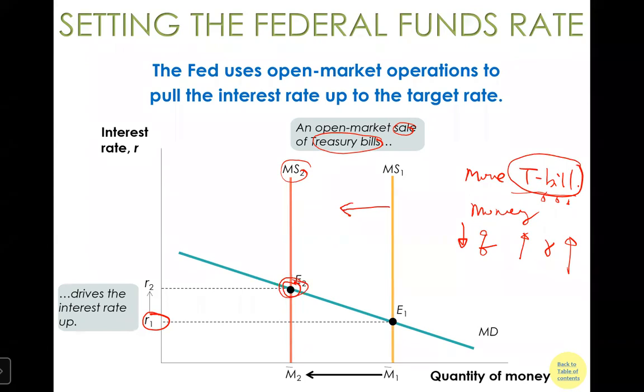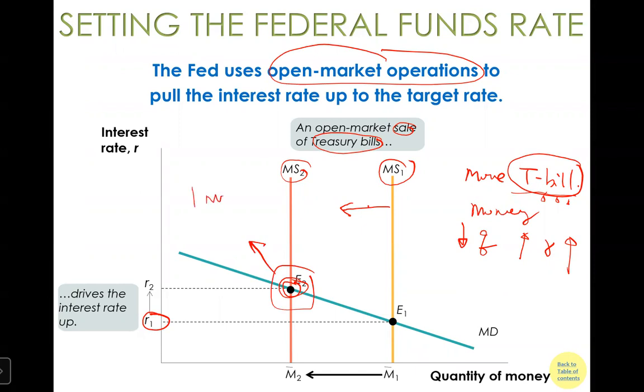Anyway, to summarize, the Fed can affect the money supply through open market operations. The open market operation changes the money supply and affects the interest rate. This interest rate eventually is going to affect investment directly, and then indirectly affect income and consumption.